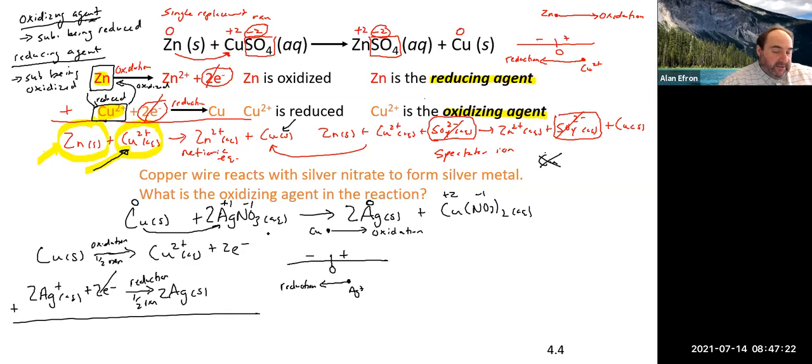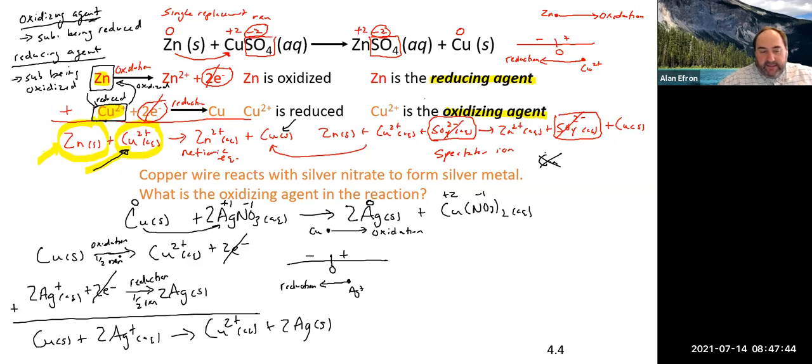Now my electrons will completely cancel out, and that will leave me with everybody on the left goes to everybody on the right here. First off, any questions on how to get the oxidation half reaction and reduction half reaction? We'll answer the question here in just a second.